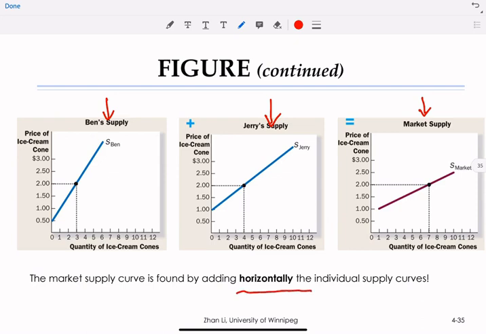Horizontally. So, to be more specific, you can see that at the price of 2, the quantity of ice cream cones for Ben is 3, and for Jerry, the quantity is 4, so for the market, it should be 7, right? It means it should be here. Right? So basically, your market supply curve would be like this.